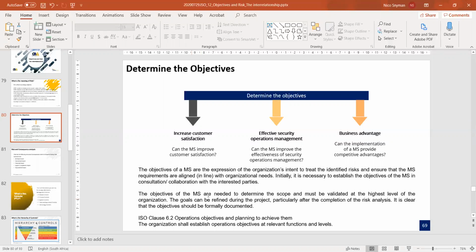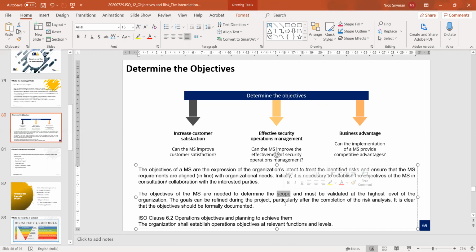So the objectives of management system are needed to determine the scope and must be validated at the highest level of the organization. Now this scope, very important, because a scope in a management system defines what we are going to be measuring, if we are going to be implementing a management system, if we are going to be training people, if we are going to be auditing a management system, and if this is auditing to be certified in terms of ISO, any kind of ISO, your scope determines what the auditor is going to be asking for.